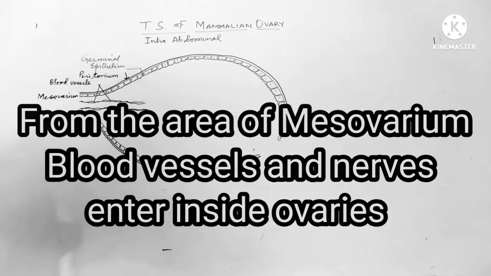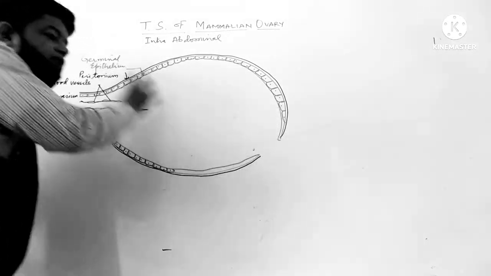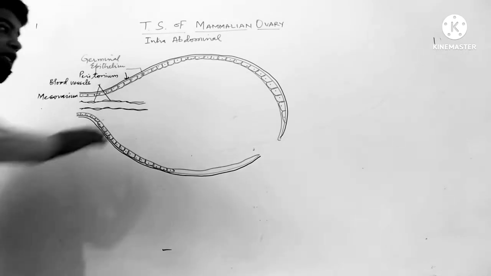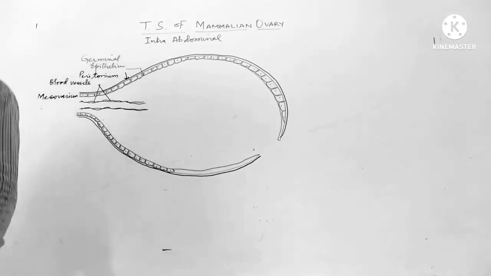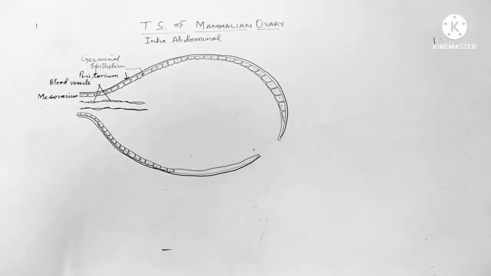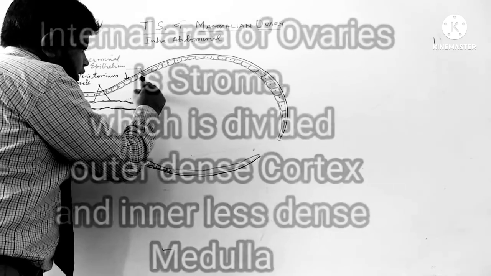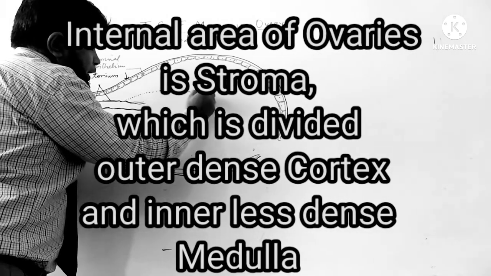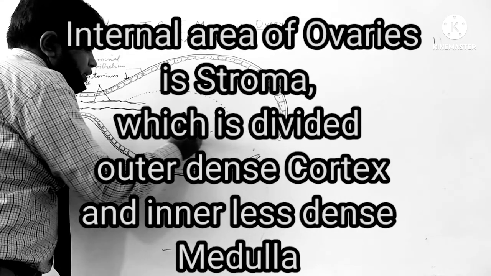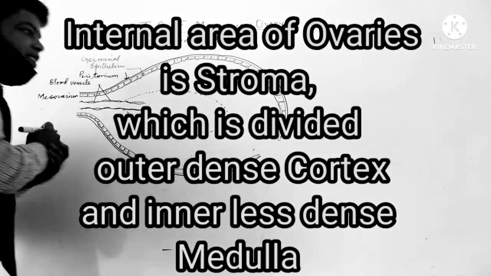The internal area of the ovary is further divided into an outer dense and inner less dense area.